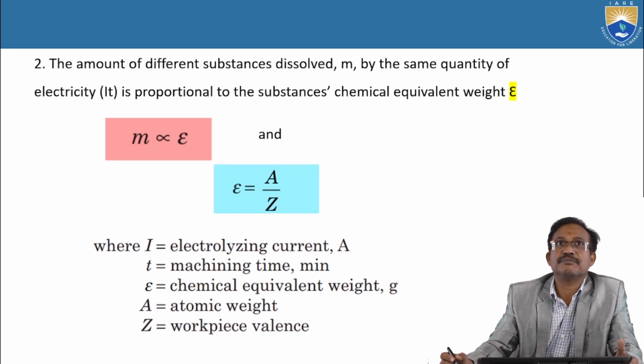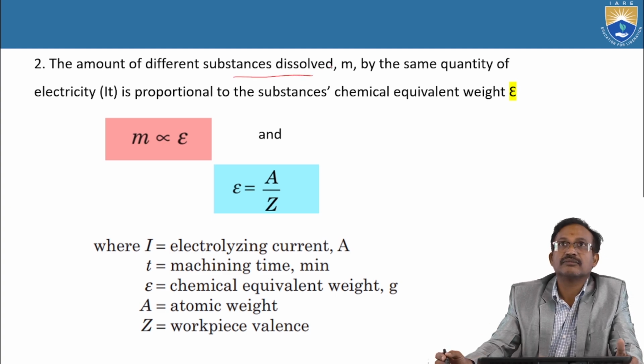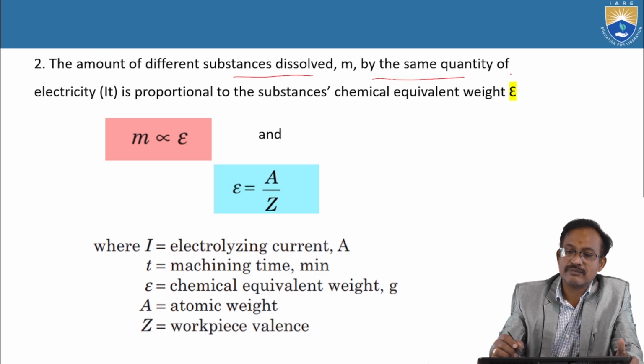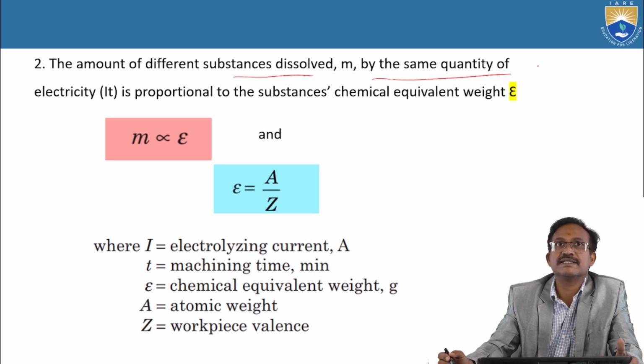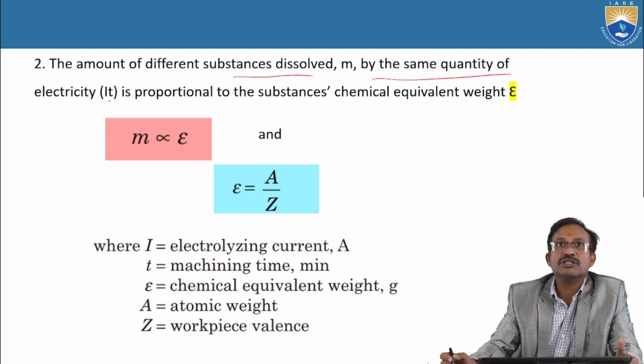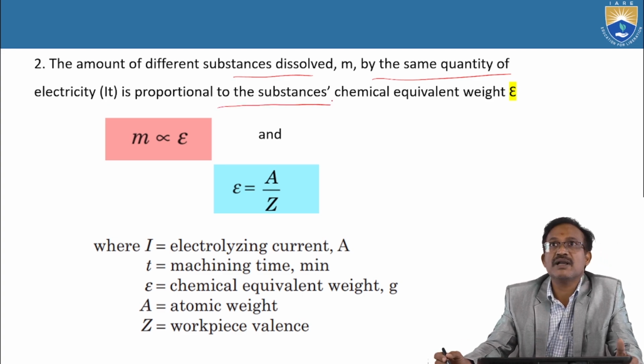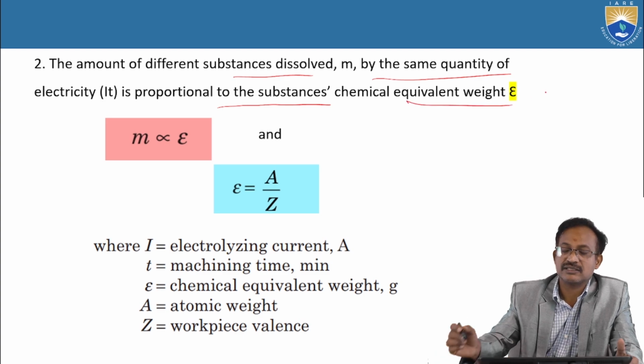Second principle: the amount of different substances dissolved by the same quantity of electricity, that is IT, is proportional to the substance's chemical equivalent weight, that is zeta.